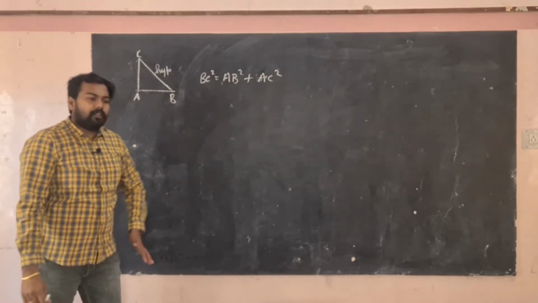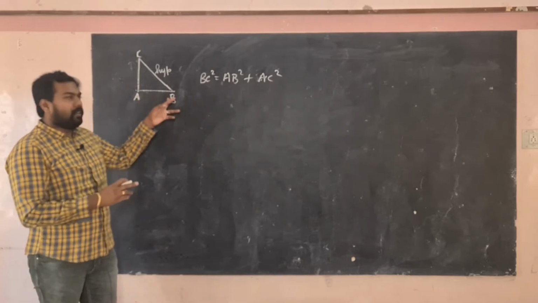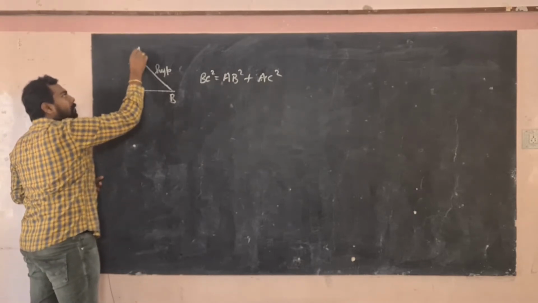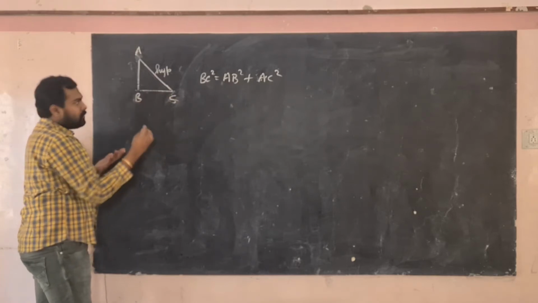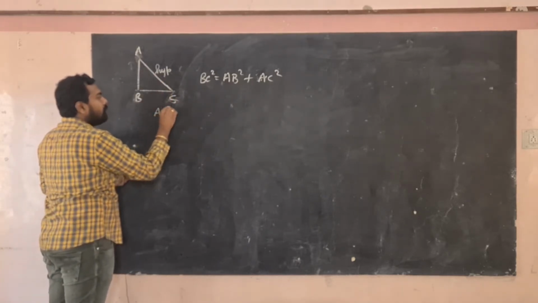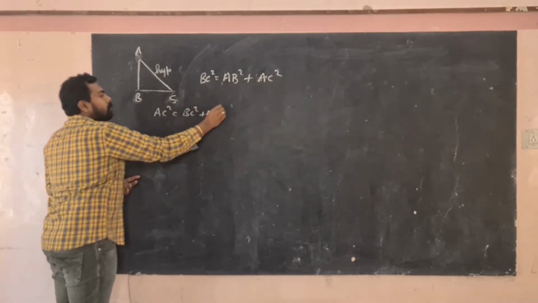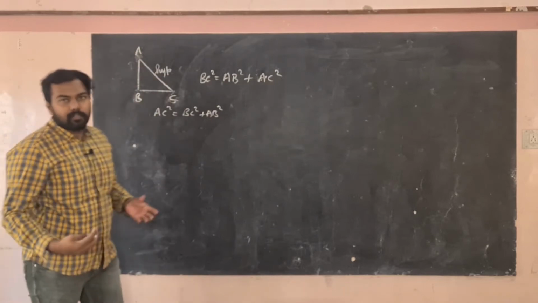I can rename this as A, B, C. Then the formula changes. See here, AC is the hypotenuse now. So AC square will become BC square plus AB square. If I rename like this, the formula will change accordingly.